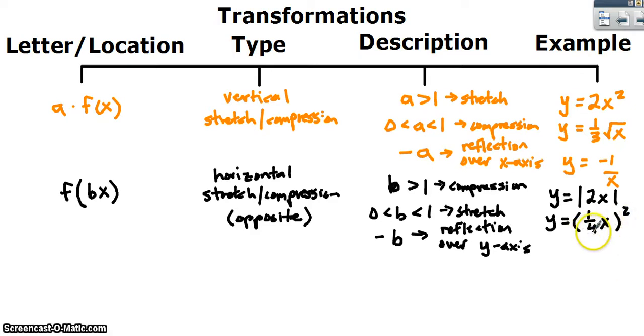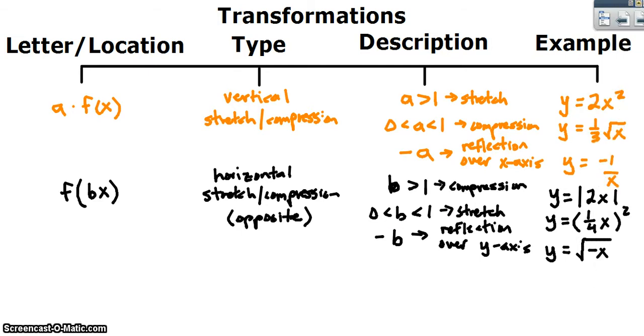With the 1/4 x in parentheses, again, you take the reciprocal of 1/4, and you would say that's a horizontal stretch by a factor of 4. And then a negative, you could have like square root of negative x with the negative on the inside of the square root. That's going to be a reflection over the y-axis.